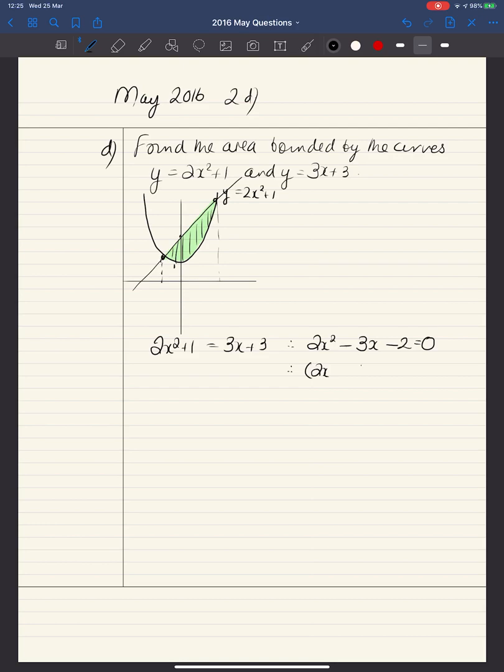This will factorise, but you could use the quadratic formula if you so wished. If you can't spot the factorisation, I'll do that by the side as well in a minute. So it's 2x, and it's going to be a 2 and a 1. And I want a minus. I can do all that in my head, and I'll explain what I did. 2x and x gives 2x squared. 2 is a prime number, so it's got to be 2x and x.